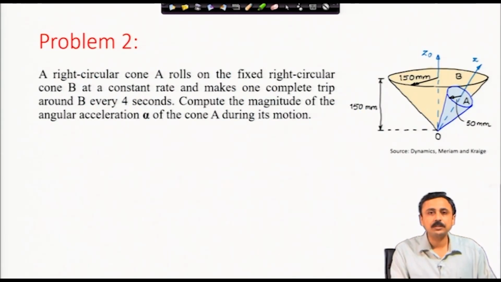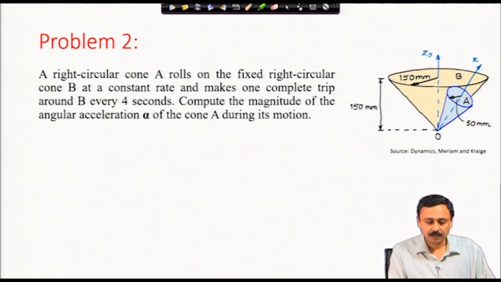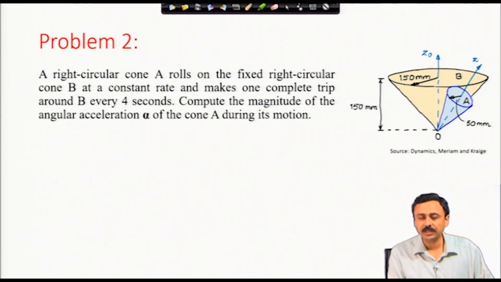Let us move to the next problem. A right circular cone A rolls on the fixed right circular cone B at a constant rate and makes one complete trip around B every 4 seconds. Compute the magnitude of the angular acceleration alpha of the cone A during its motion.